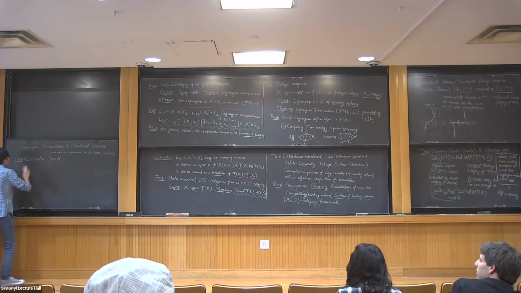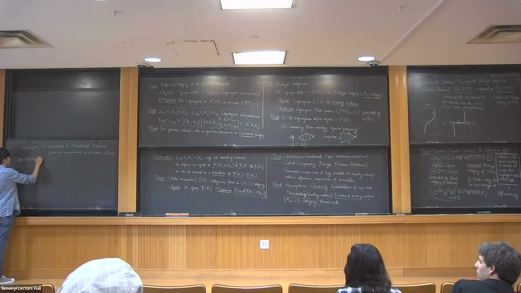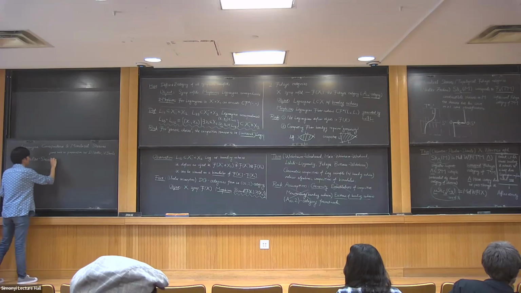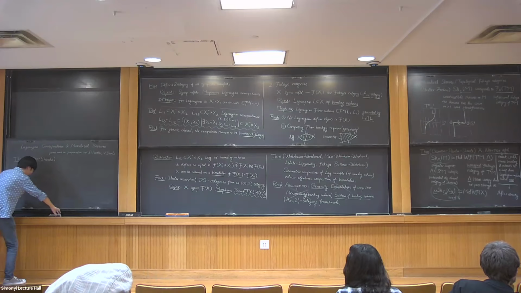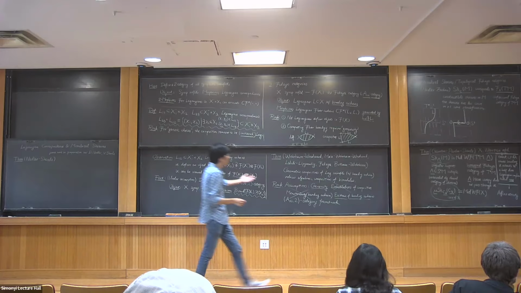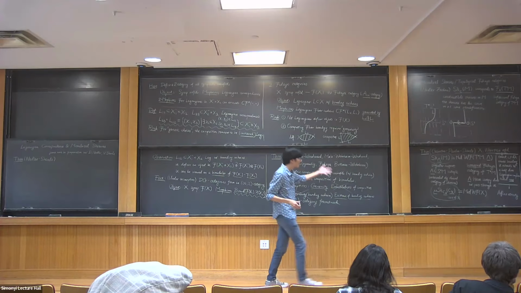Oh, I think I'm not at the stage of writing down the main theorem yet. Let me write down this theorem first. Well, first of all, to define the theory of Lagrangian correspondence, I should have a way to say what it means to have a Lagrangian as an object.